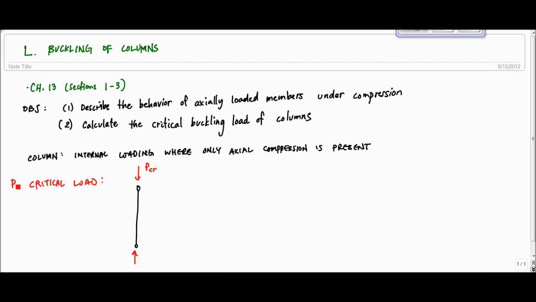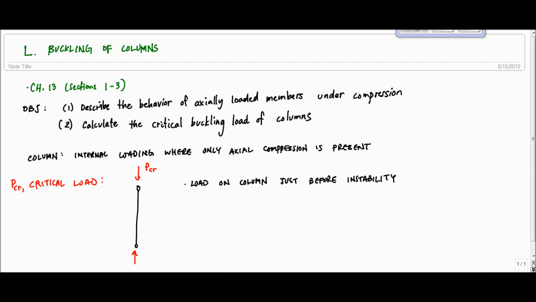P critical, okay, is the load on the column just before instability occurs. Okay, just before instability. And when I say instability, I mean collapse. Okay, buckling out, all kinds of phenomena. Right? Load on the column just before instability occurs.